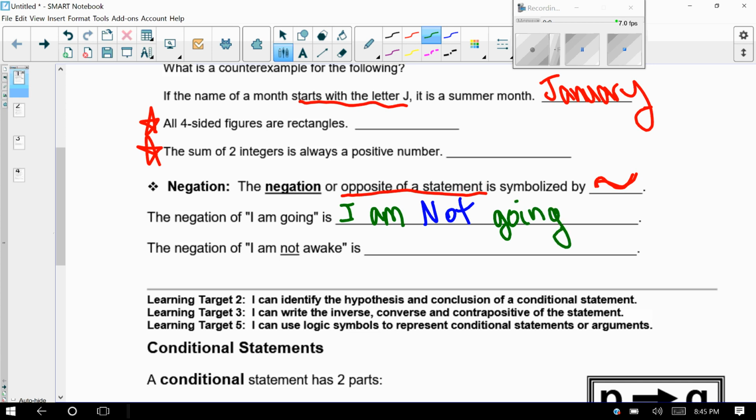However, if we want to negate the sentence I am not awake, negating it means we're going to say the opposite. The opposite of that is I am awake. So we negated both.